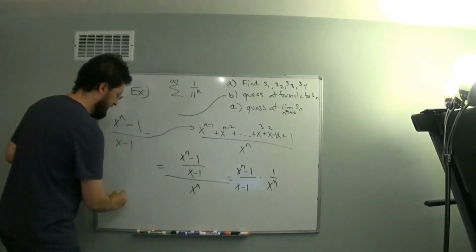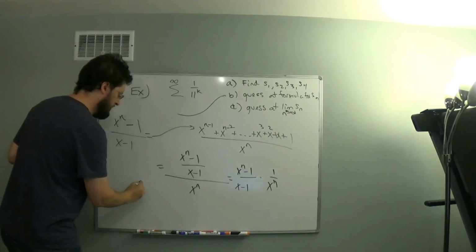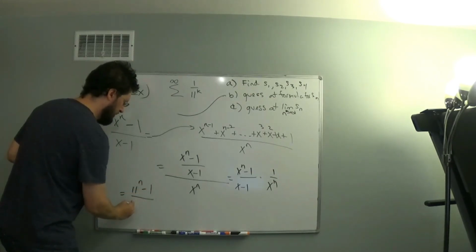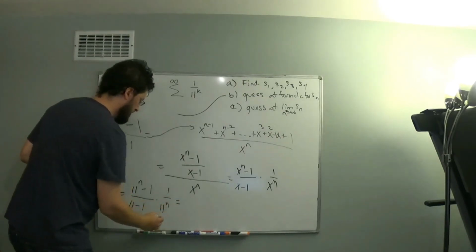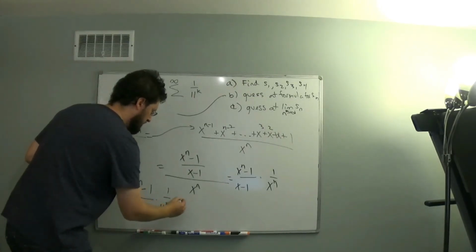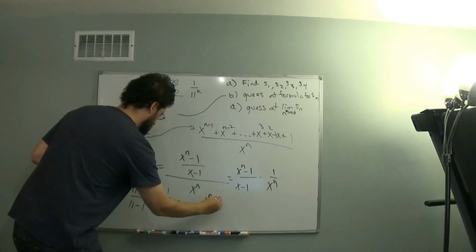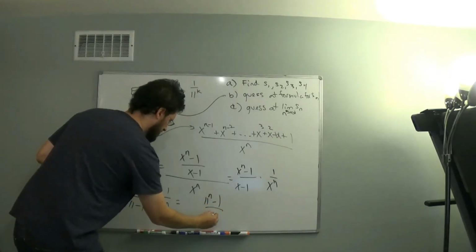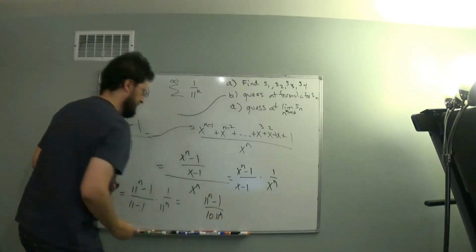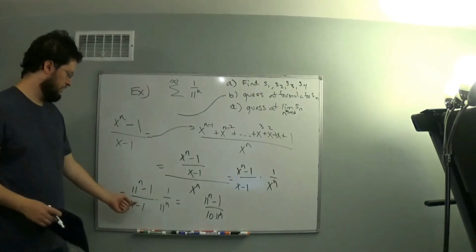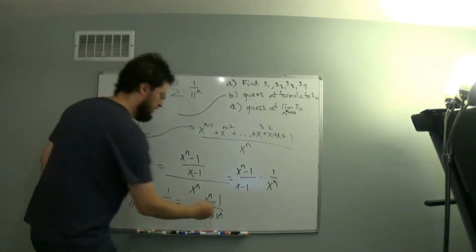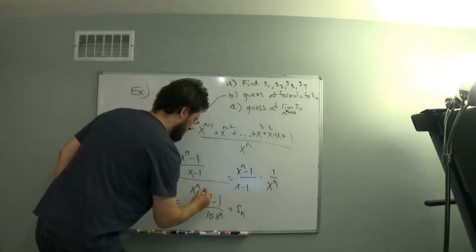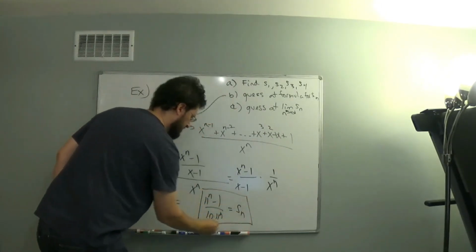So if x is 11, this makes 11 to the n minus 1 over 11 minus 1 times 1 over 11 to the n, which is 11 to the n minus 1 over 10 times 11 to the n. All that I did was turn that 11 minus 1 into 10 and then combine my two fractions together. And this is a formula for Sn.